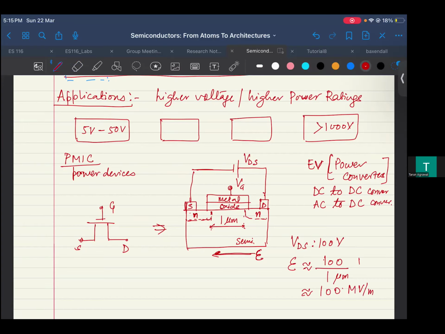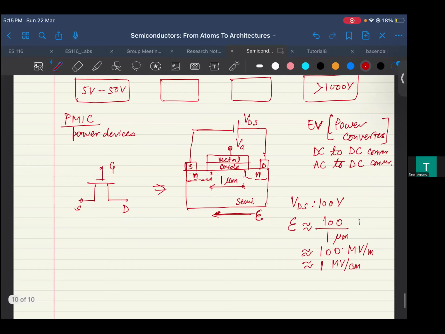And if I write it in centimeter, this would be 1 megavolt per centimeter. Now, is this a very high field for your semiconductor? Yes, it is going to be a very large field.